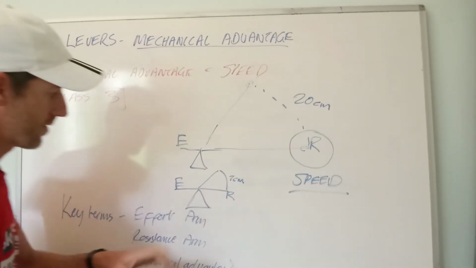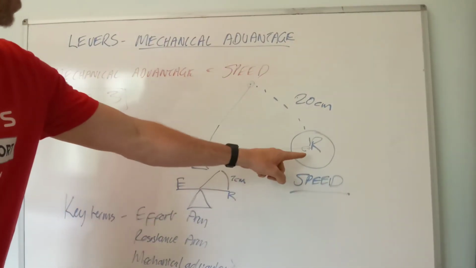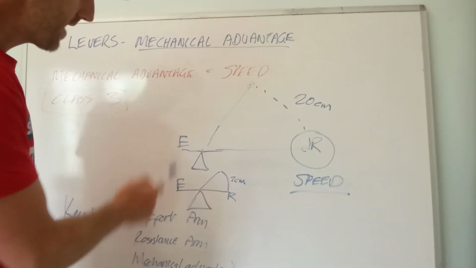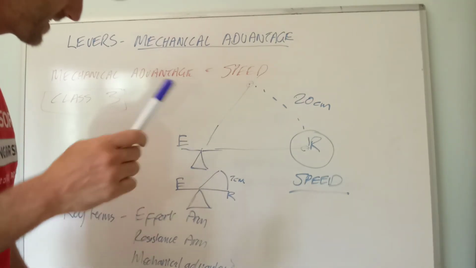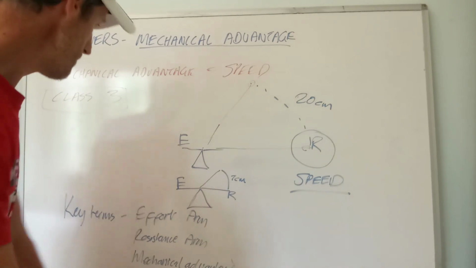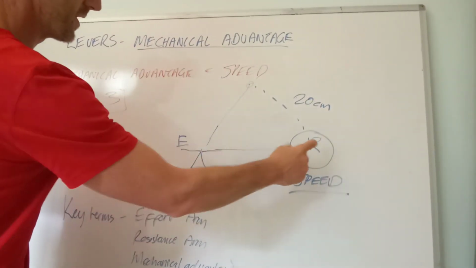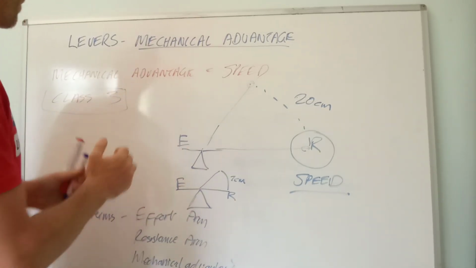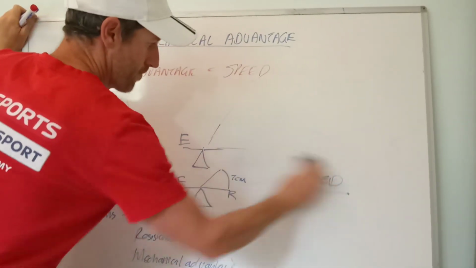If you had those two lever systems going on, you would get a lot more speed from that than from that. The reason why is because with the same effort, that has traveled a far greater distance in the same time. Right, keep up with me. So if you have a resistance arm which is longer than the effort arm, your mechanical advantage is speed.